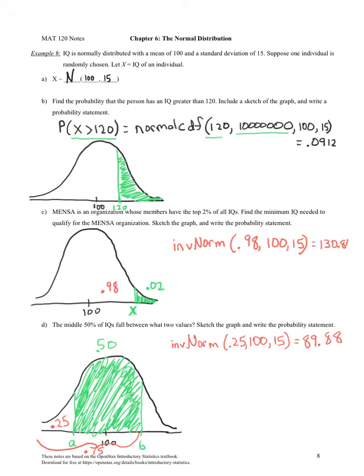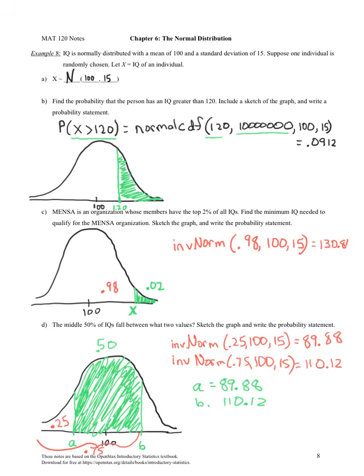Our inverse norm of our lower 25%, mean of 100, standard deviation of 15, gives us about 89.88. And our inverse norm of 75%, mean of 100, standard deviation of 15, will give us about 110.12.